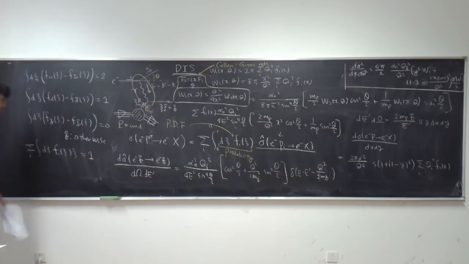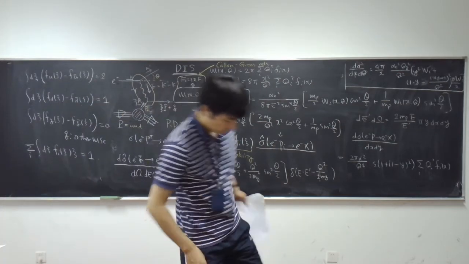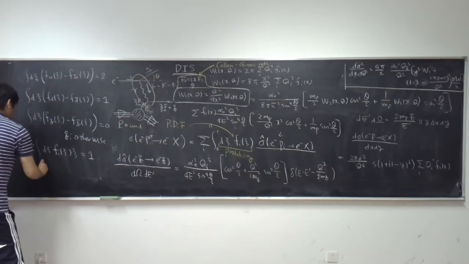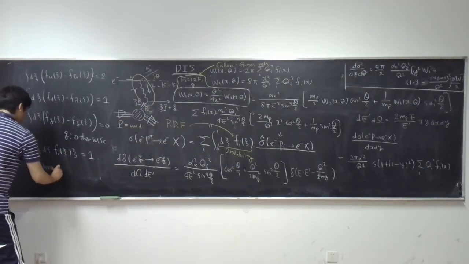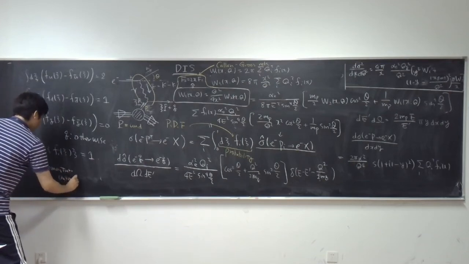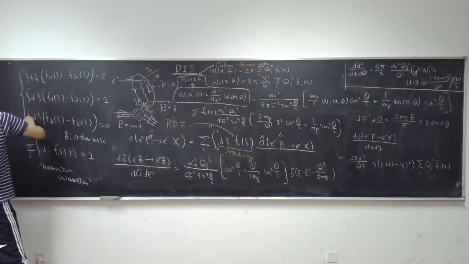Now if you just put the P inside here, you get the P. So this is momentum conservation. And here is more like a flavor conservation.